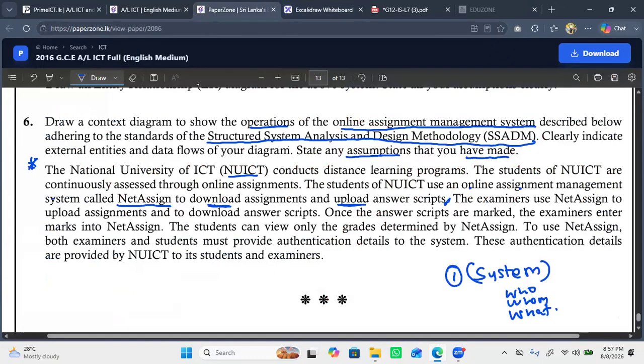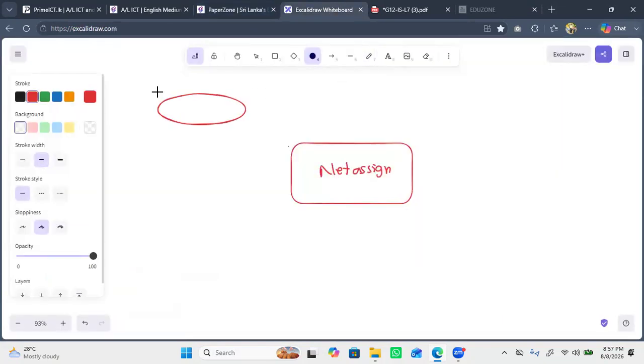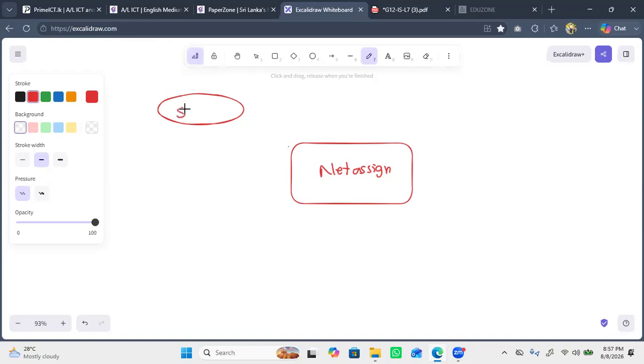Okay, then students are using. Students of NUICT use the online assignment management system called NetAssign to download assignments and upload answers. Students are an external entity. I'll write them as student, external entity. Let's keep it singular.